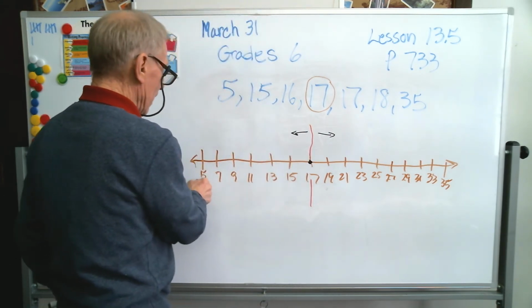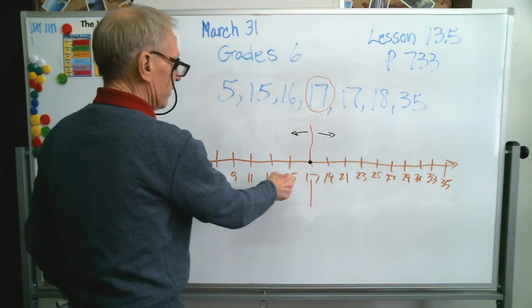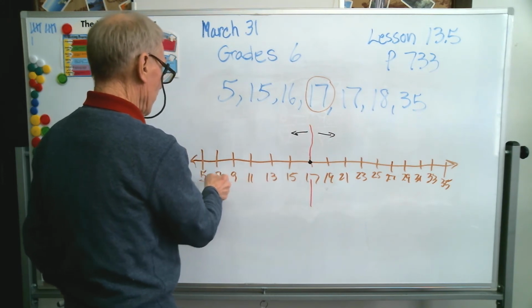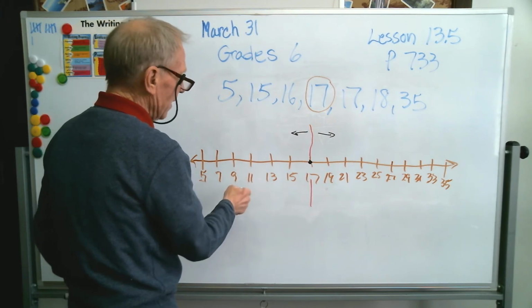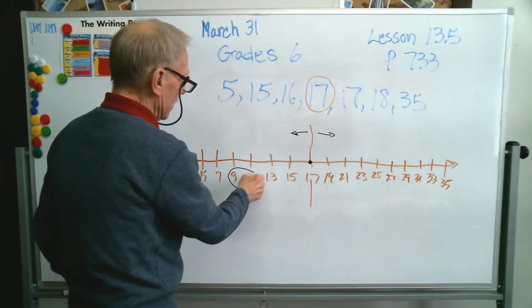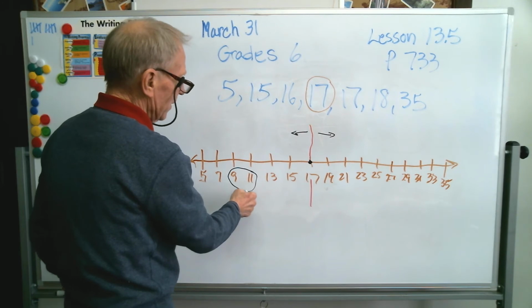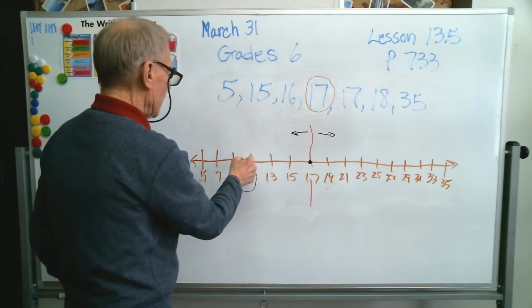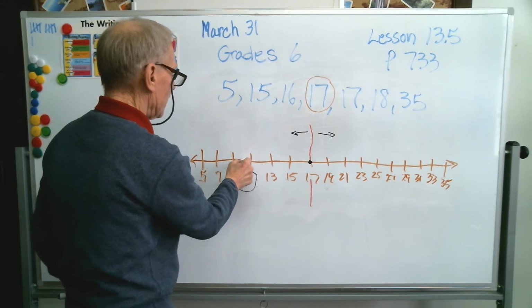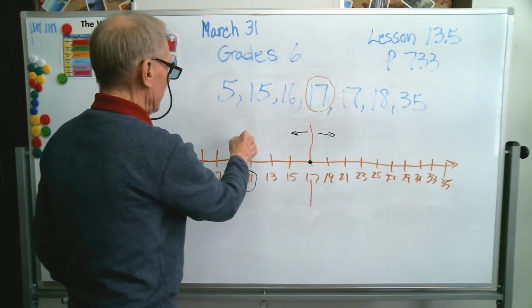And so we've got 5, 7, 9, 11, 13, 15. 1, 2, 3, 4, 5, 6. So because we've got an even number, we take these two, add them together, divide by 2. So 20 divided by 2 is 10.